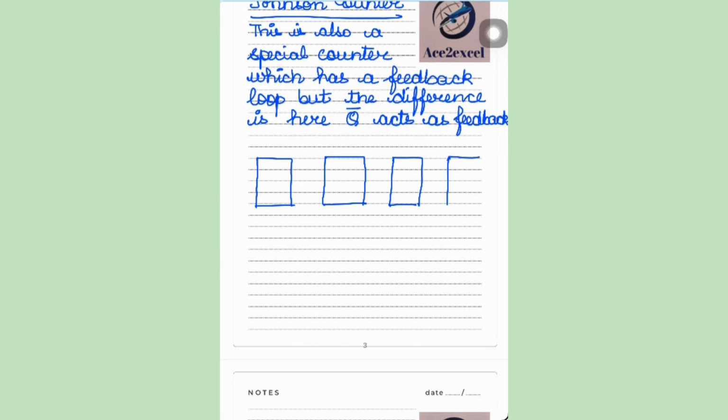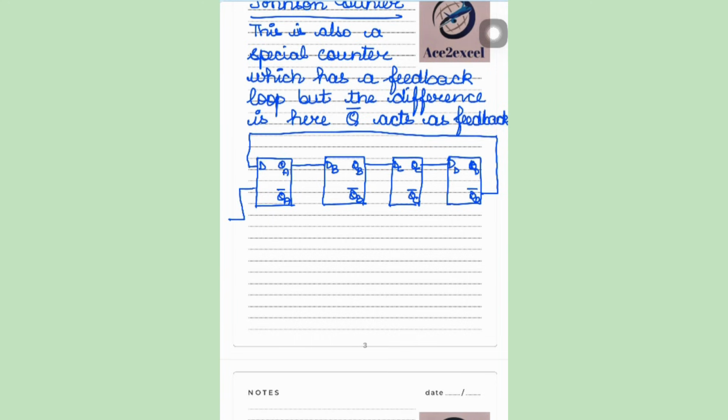So we are again making 4 flip-flops. Connection of the last flip-flop, that means QD bar, is connected to DA, QA is connected to DB, QB will be connected to DC, QC will be connected to DD.